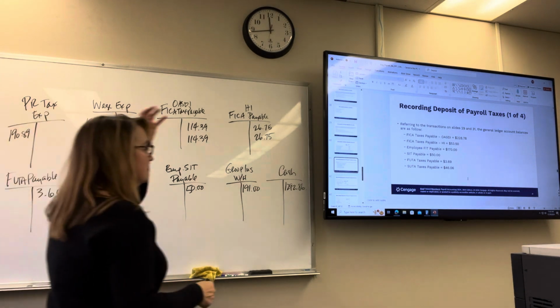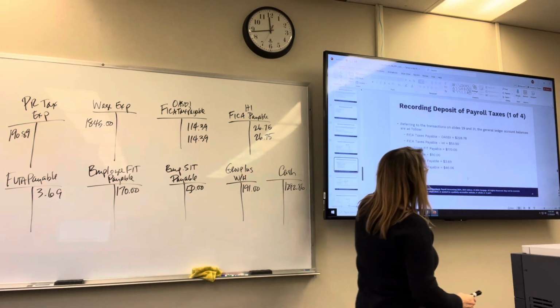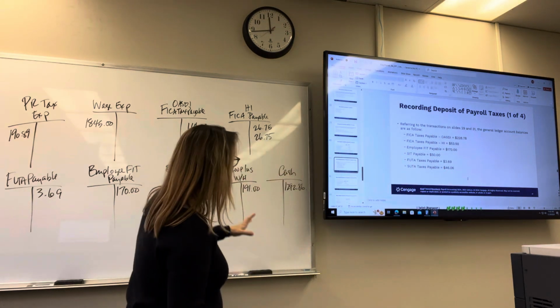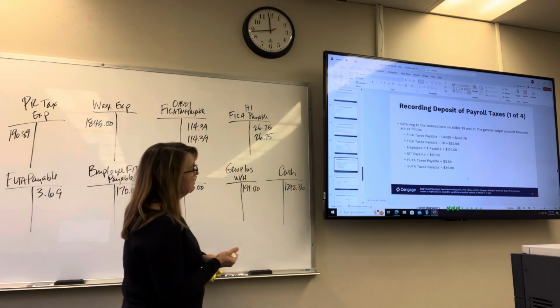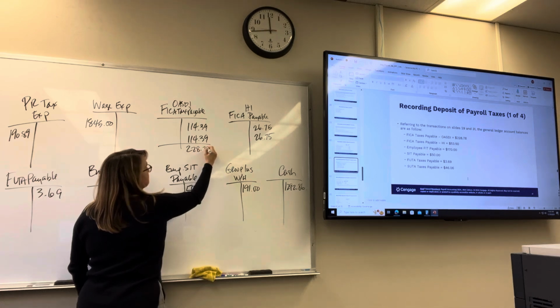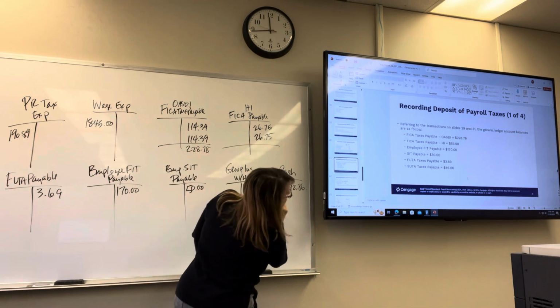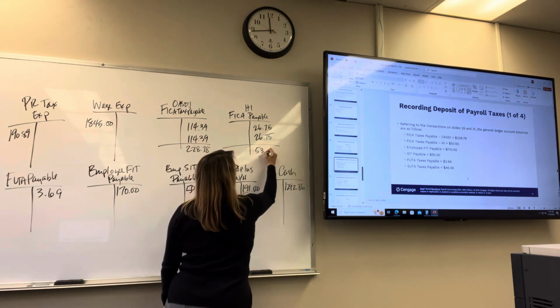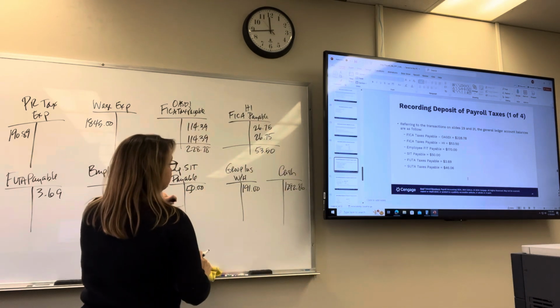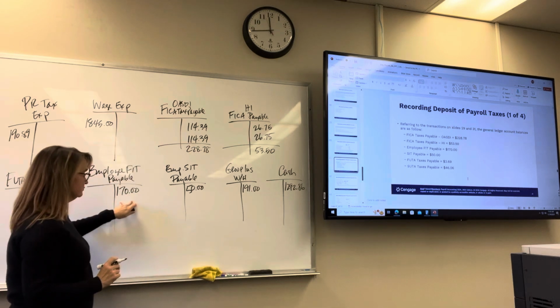So, the general ledger account balances currently, adding these two up, we're at $228.78. Medicare is 53.50. Federal income taxes payable is at $170.